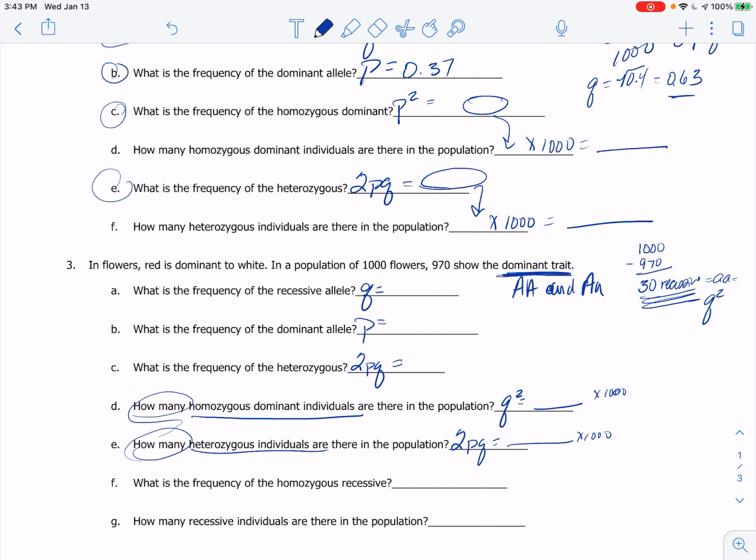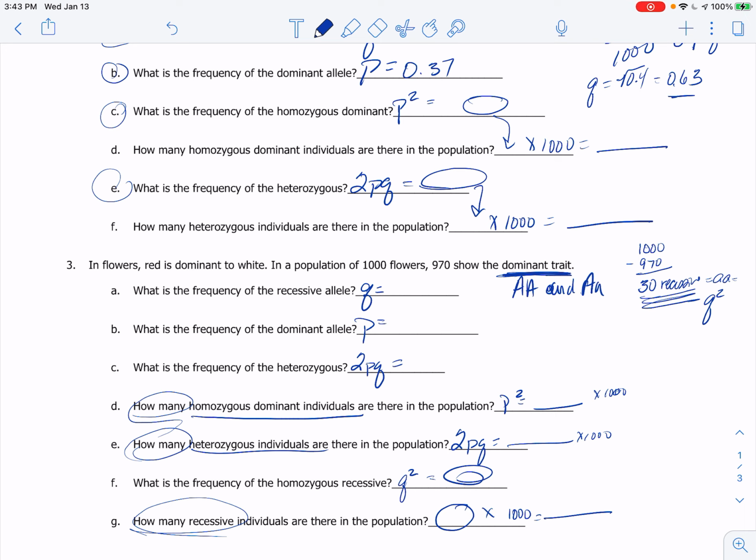So here's basically back to the frequency of homozygous. So now we've got our Q. Whoops. Let me go back because homozygous dominant should be P squared. Okay, and then this should be Q squared. Okay. And then how many of those individuals? So you'll take this number here, multiply by 1,000 to get that number.